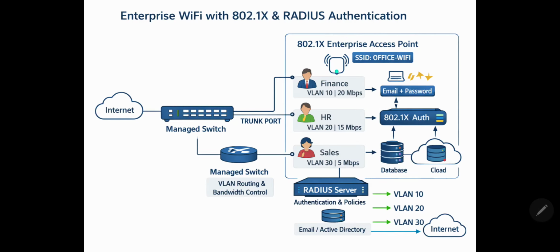This picture shows a secure office Wi-Fi network where all employees use one Wi-Fi name, but their access is controlled automatically. Okay, you can see here, starting from the internet, your employees want to access the internet through this managed switch.